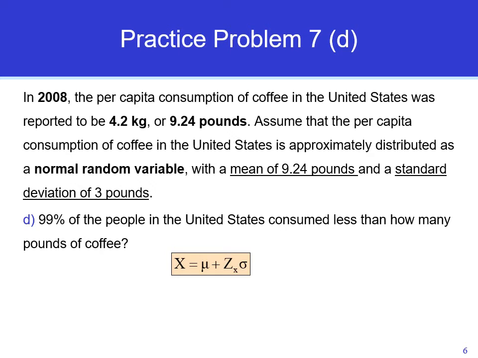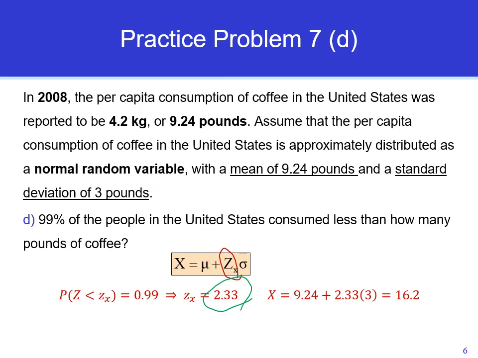Using this formula, first we need to find z of x. The probability that z is less than z of x is 99%. If you look in the table for 99%, it corresponds to the value of 2.33. So that's z of x. If you plug z of x into this formula, you get x, which is equal to 16.2.